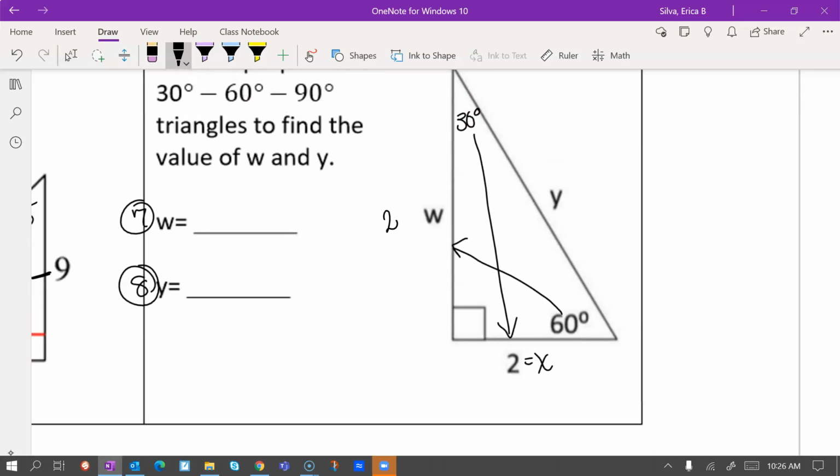So whatever my small side is, we simply multiply it by the square root of 3. So W is 2 times the square root of 3. Then we go to the hypotenuse, and if you remember, our hypotenuse is twice the size of my small side. So we get 2 times 2, which gives us 4. So y is equal to 4.